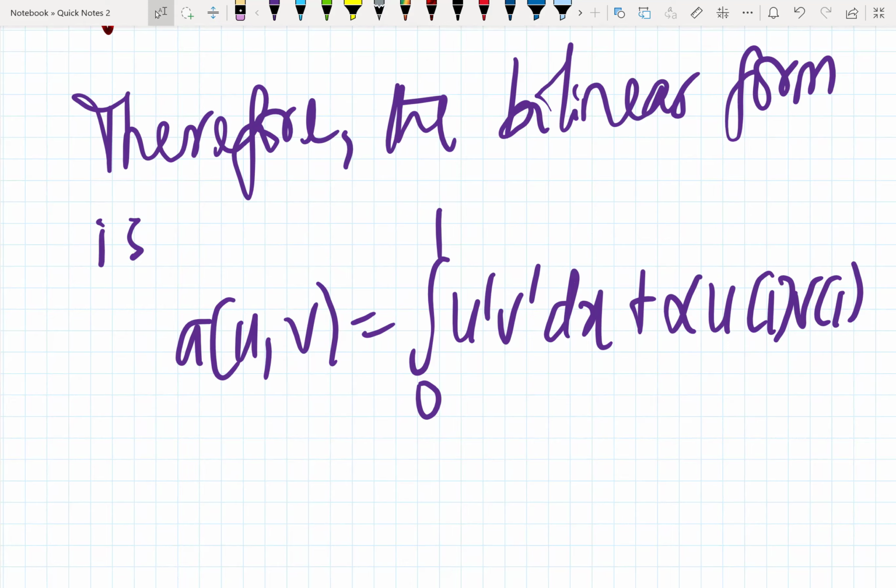I think that should bring that to a close. So the bilinear form is this: u prime v prime dx plus alpha u of 1 v of 1.